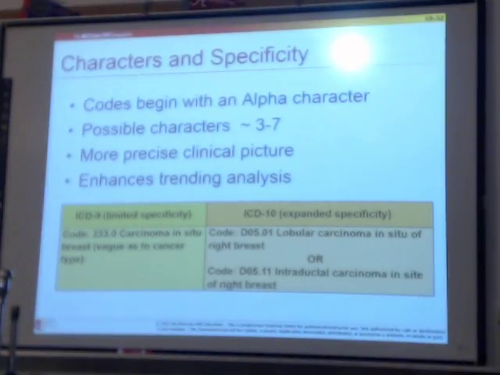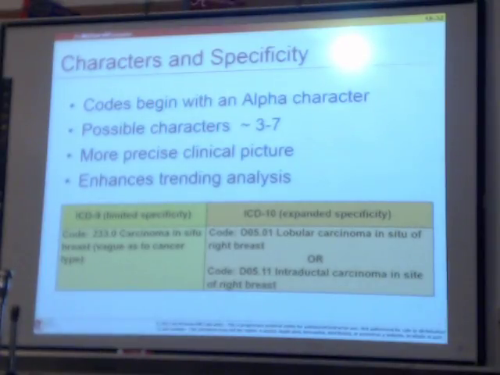It also helps with trend analysis of how patients are doing, improving, not improving, or as a bigger population becomes more ill. If you look at the left and the right, ICD-9 had very limited specificity. It said carcinoma of the breast, and in situ basically means it's encapsulated, but it's just somewhere in the breast.